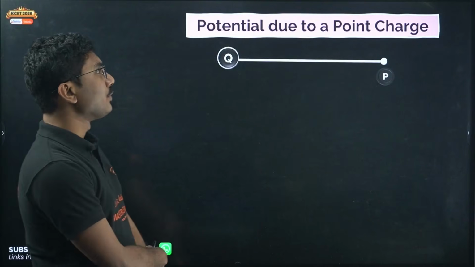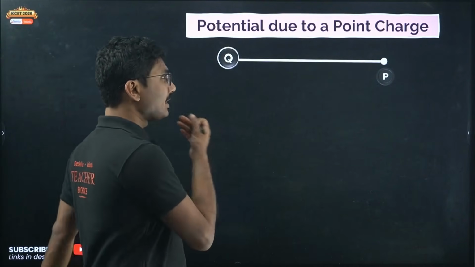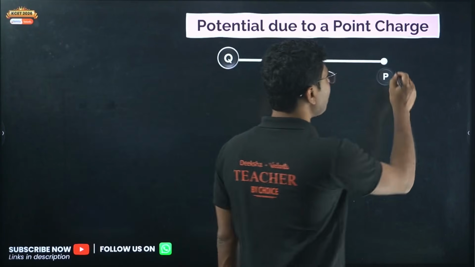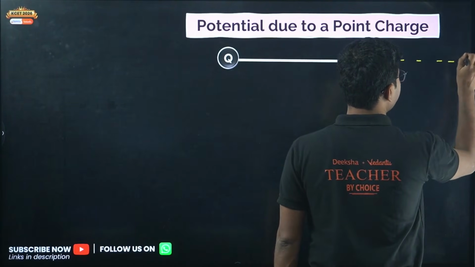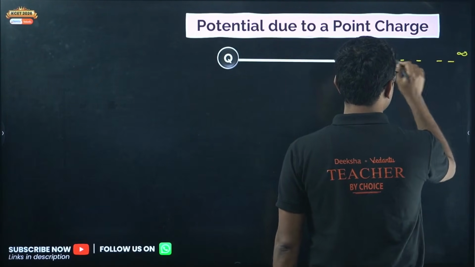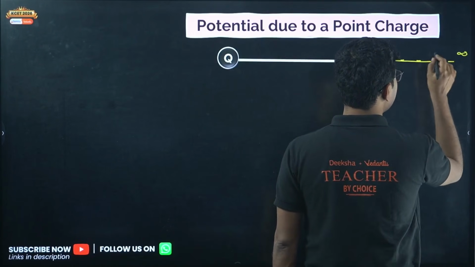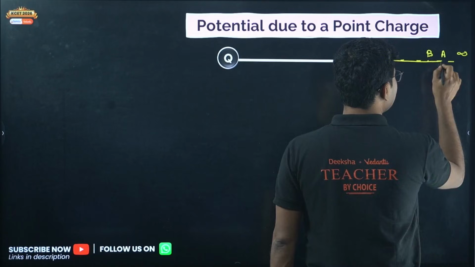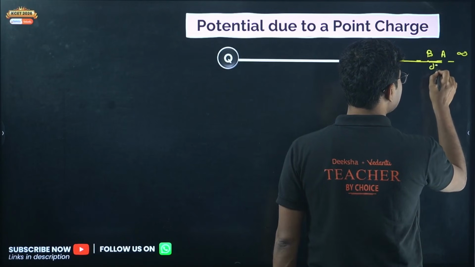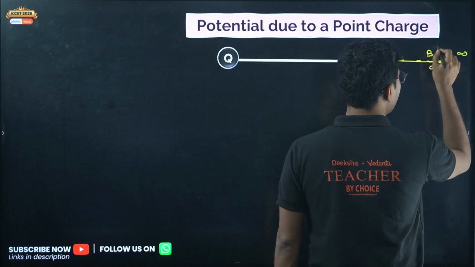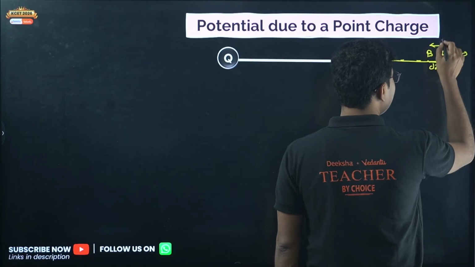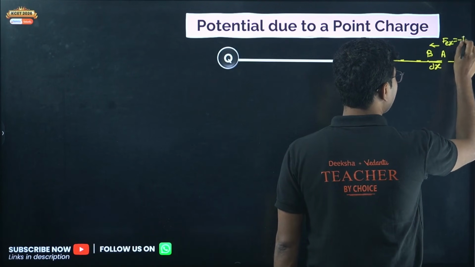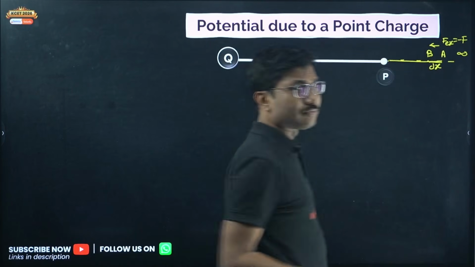Now, potential due to a point charge, the derivation is important. It is a very easy derivation. First of all, you start at infinity and reach some intermediate point, say A, and then move by a very small distance dx to point B. The external force that you have to apply to move the charge from A to B is F external, and that should be equal to minus the internal electrostatic force.